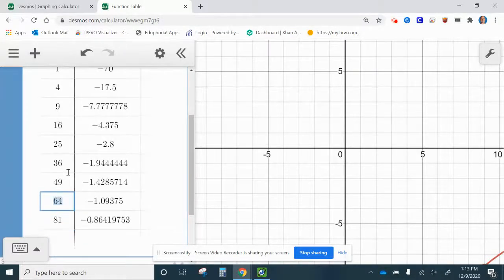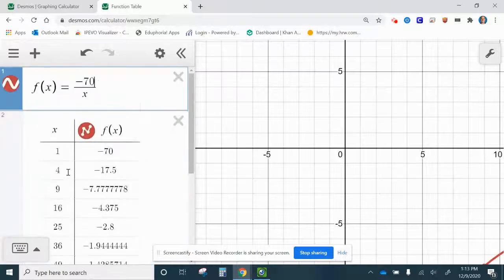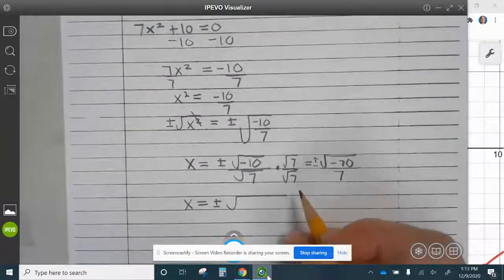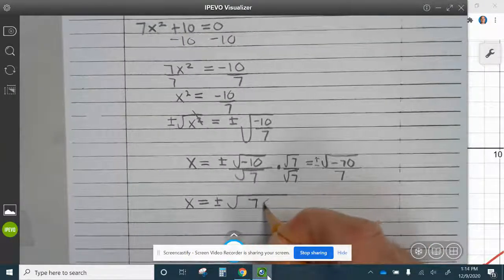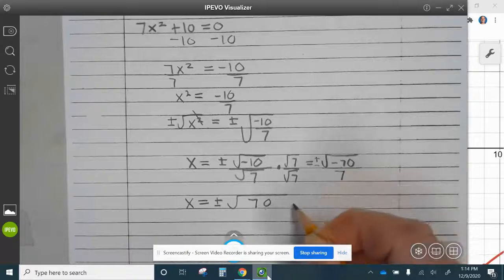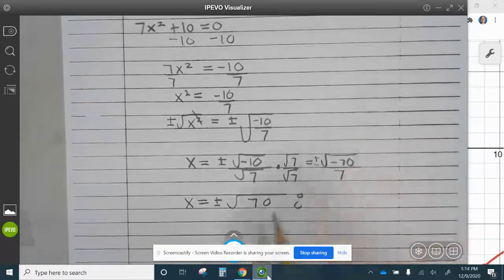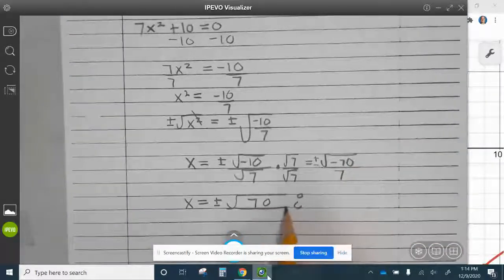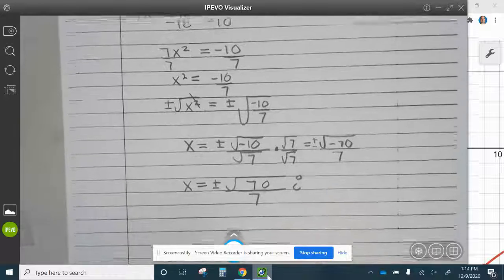Once you get past the number, then you know there's nothing you can do. So this is plus or minus the square root of 70. You're taking the square root of negative, so it's i, divided by 7.